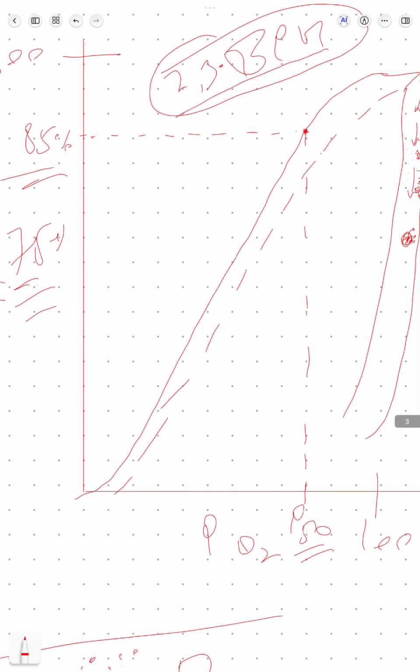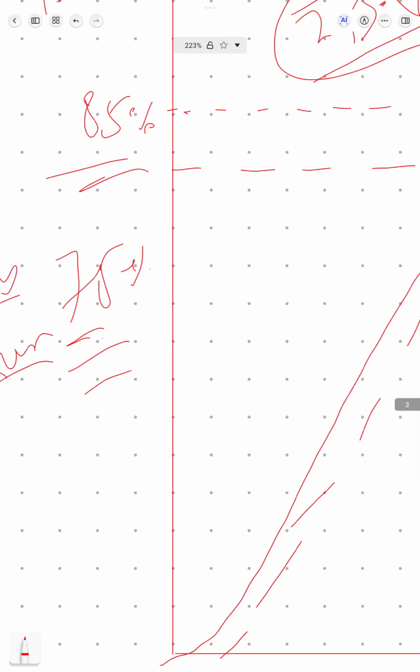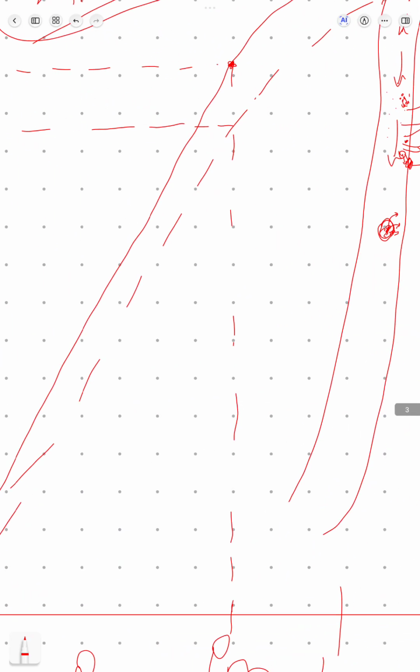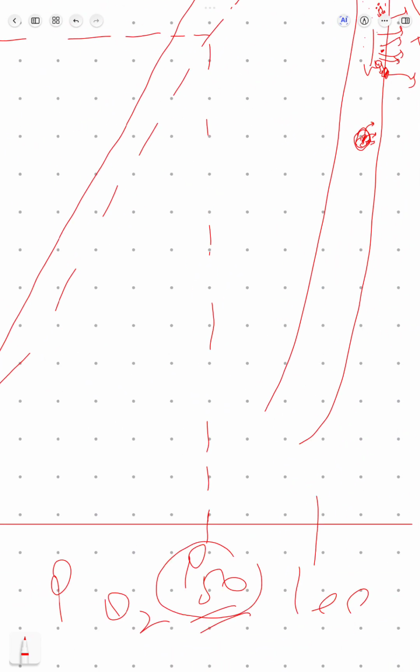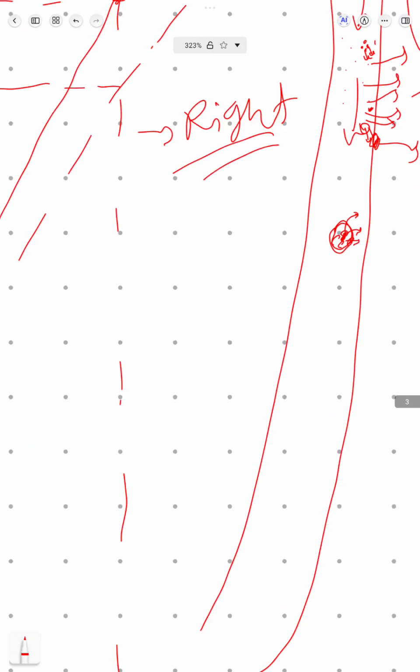All right, so what happens, now hemoglobin saturation is, let it be 82%. And partial pressure is still 50. So what this does, this shifts the curve towards the right.